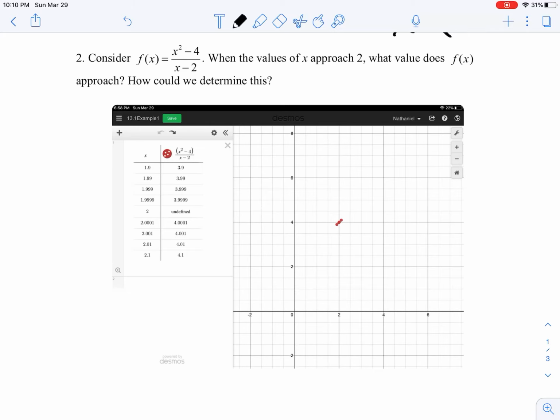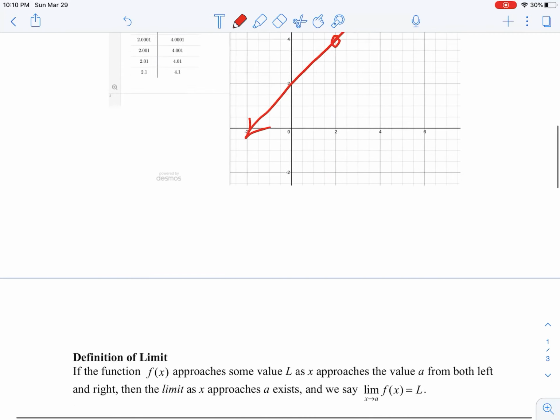And remember, this is just a table of points. If we wanted to add in the overall function behavior, it would be that line, and we've got that hole happening when x equals 2 and y equals 4. So that's how we want to think about that.